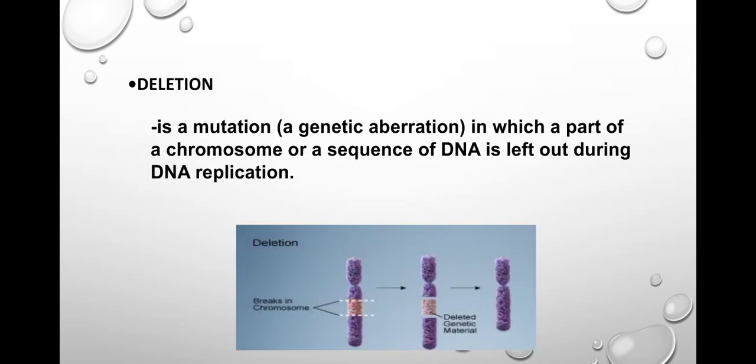Next type is deletion. It is a mutation, a genetic aberration, in which a part of a chromosome or a sequence of DNA is left out during DNA replication. Deletion means to delete one or more portions of a chromosome.